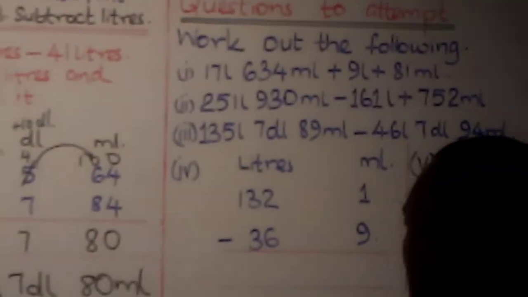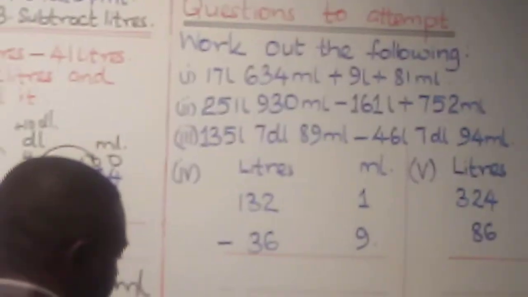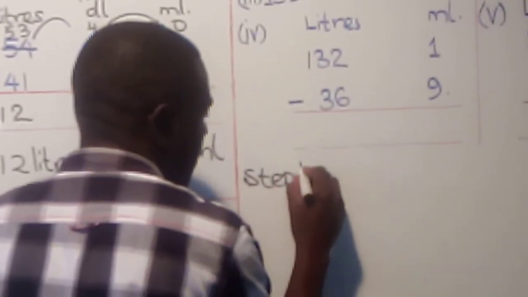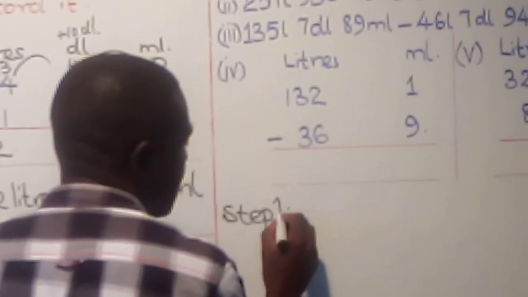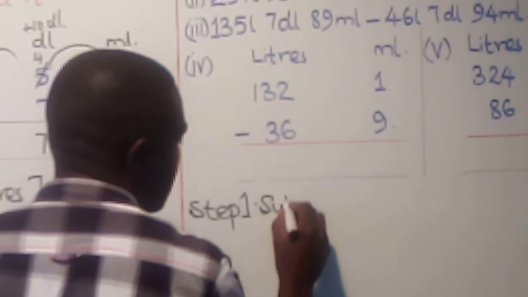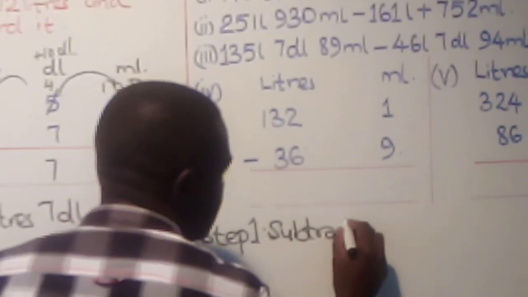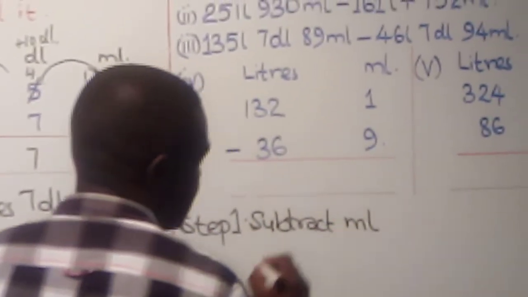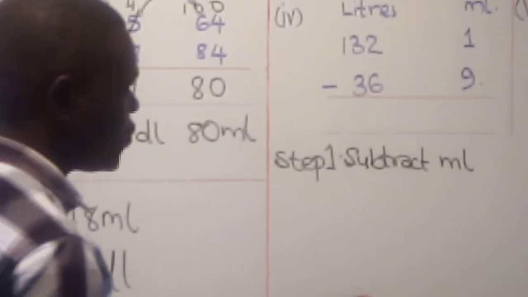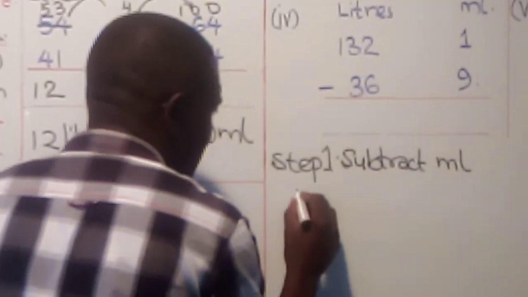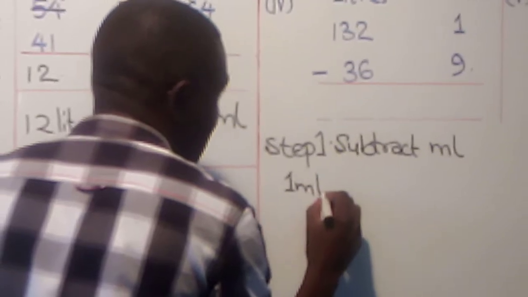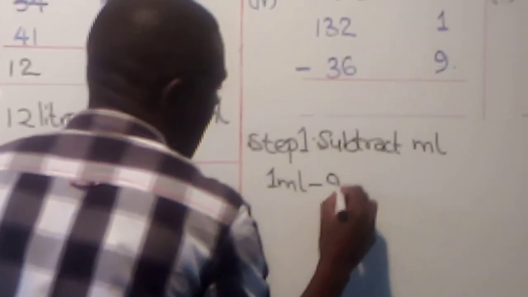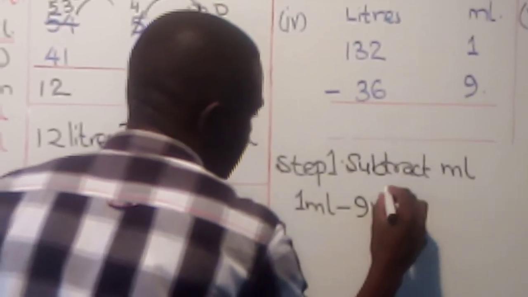That means in step 1 we will subtract milliliters. And that is going to be 1 milliliter take away 9 milliliters.